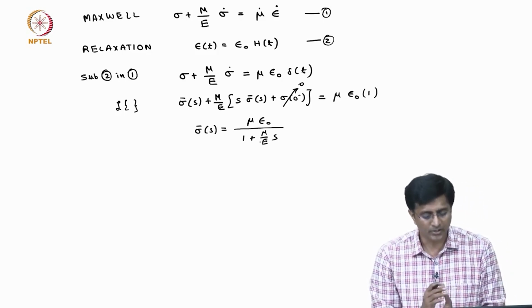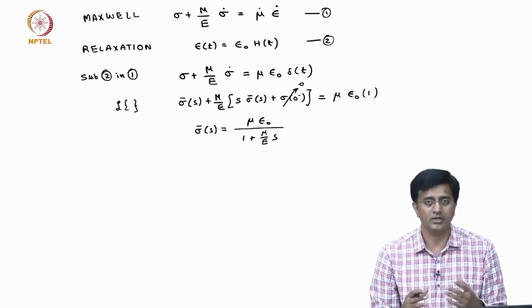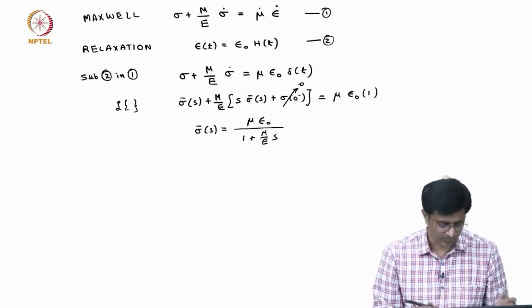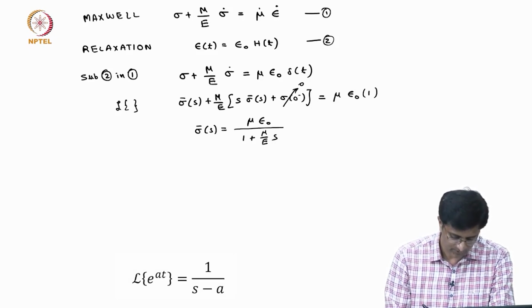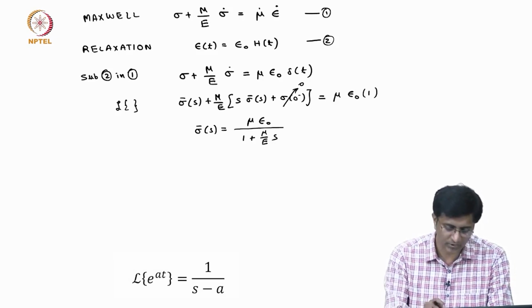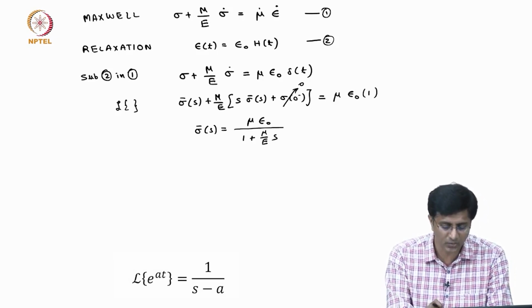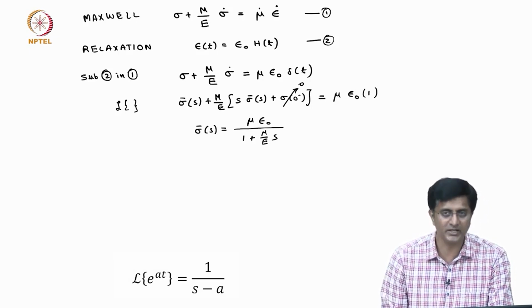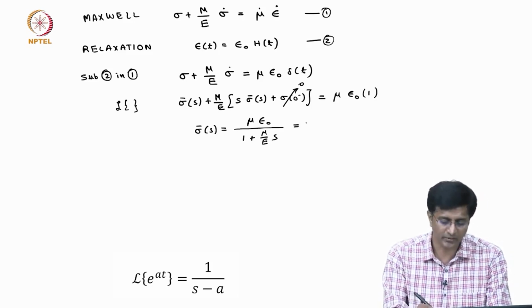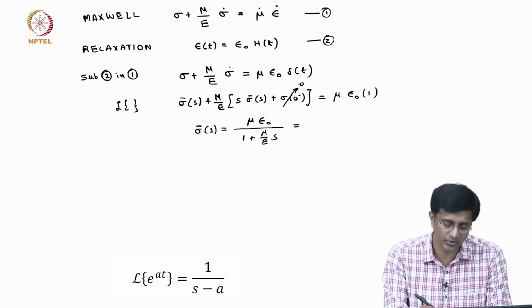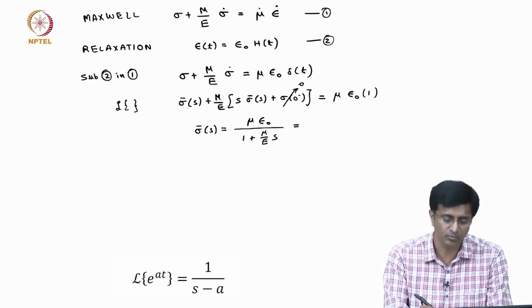But the denominator, we should ensure that we can apply the inverse Laplace transform. Now, let us recall the Laplace transform of e power minus a t. It is given by 1 by s plus a, which means we need to turn this denominator in our equation into a form of s plus constant. So, the way to do it is we will multiply and divide both numerator and denominator by E by mu.